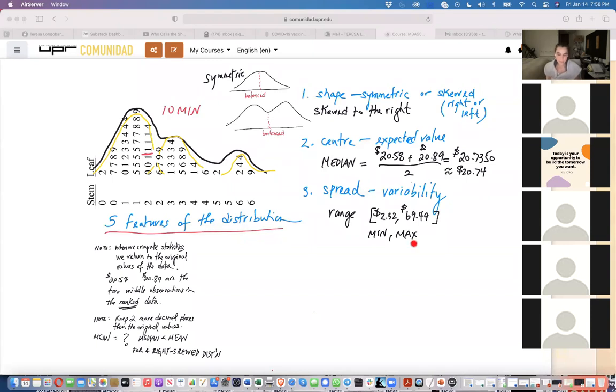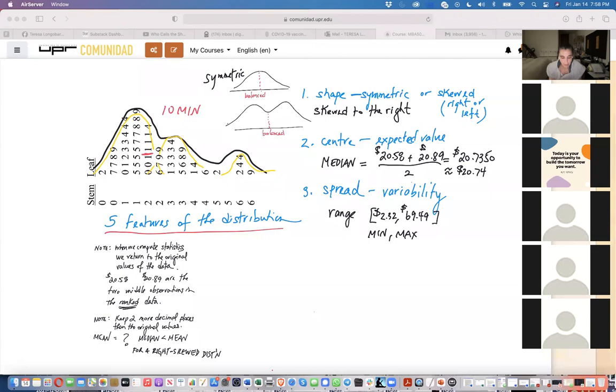So that's the range of values. But we also want to know, between that range, how is the data spread out even in between? So what we want to do is expand this understanding of what the median is. The median divides the data into 25 before and 25 after.